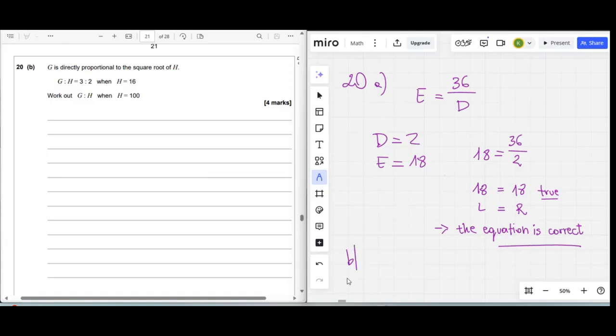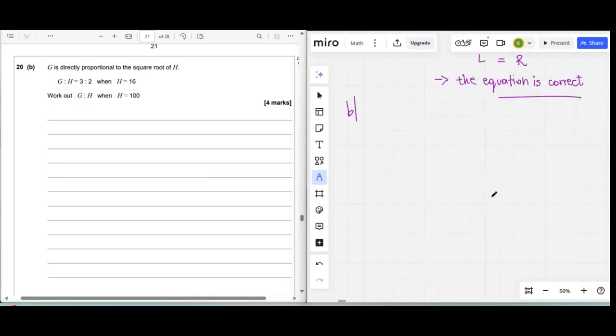In B, we have stated that G is directly proportional to the square root of H. In other words, G equals some number K times the square root of H. With direct proportion, we have that factor here that we need to find.